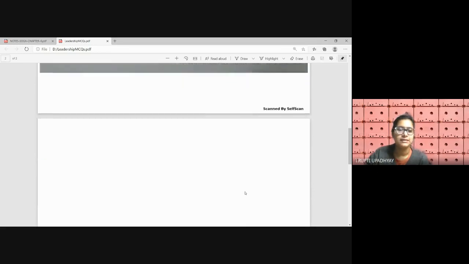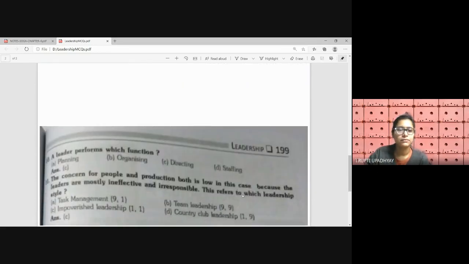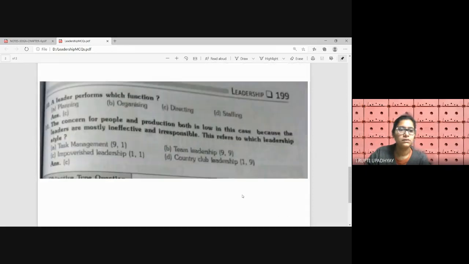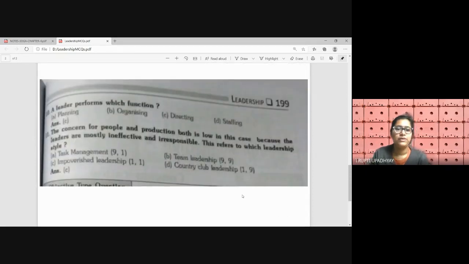The answer is B. Next question. A leader performs which function? A. Planning. B. Organizing. C. Directing. D. Staffing. A leader's work is to direct the subordinates. So a leader performs directing. The answer is C.